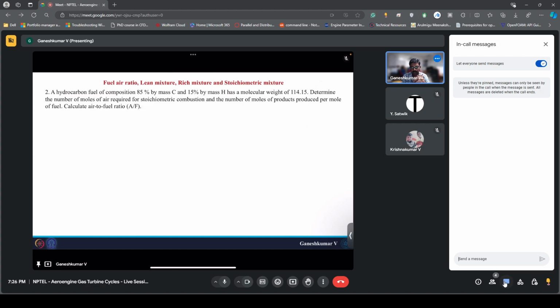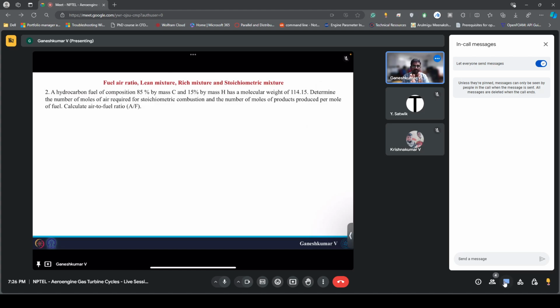What really happens in the combustion chamber is you have air and you are adding fuel, and these two have to mix and then burn. And when it burns, the temperature that you reach is a function of different parameters. For our case, it also depends on the ratio of fuel to air, and also on the expected products that come out. So that is also going to determine the exit temperature of the combustion chamber.